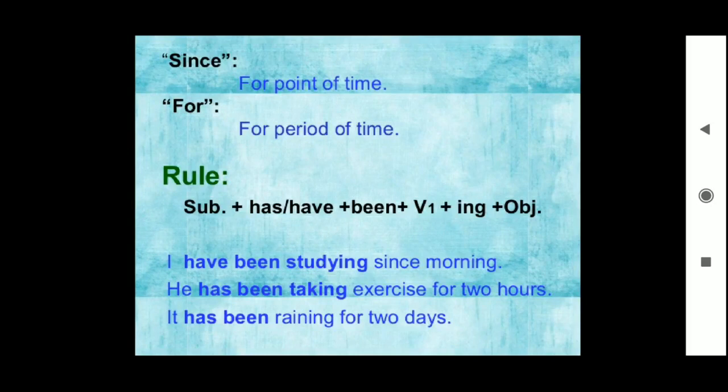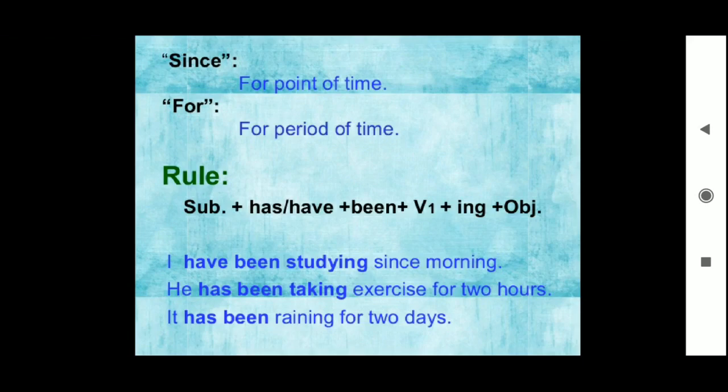And you know what is point of time and what is period of time. Point of time means childhood, that is stages of life, and fixed time, like Christmas, Diwali, Holi, Dasara, they are the point of time.